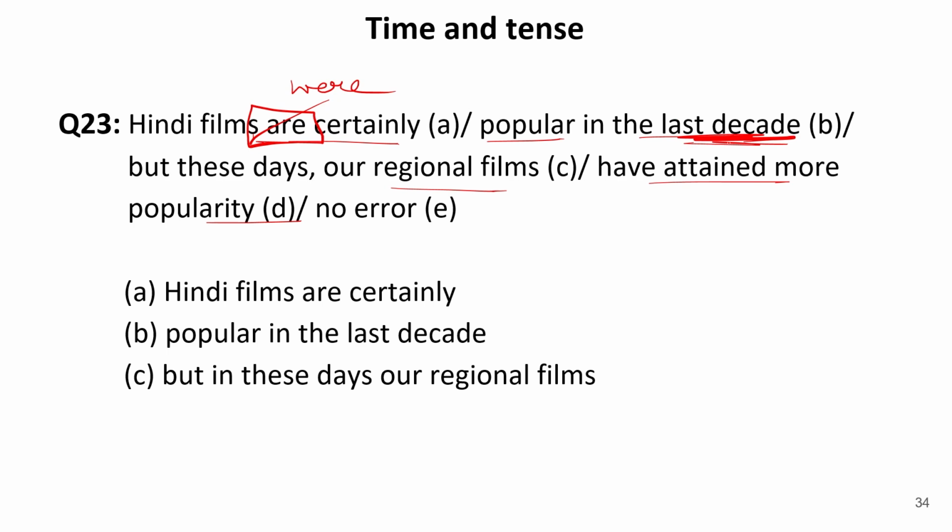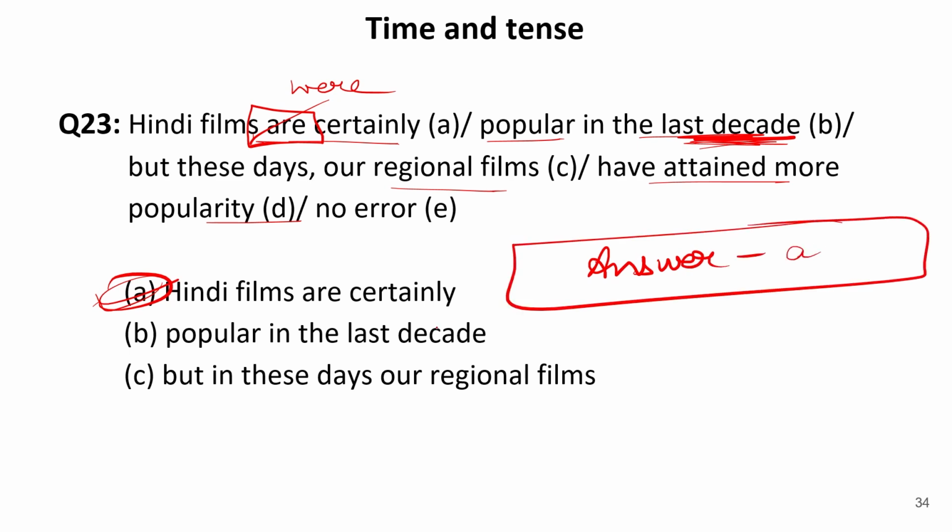But whenever the past time is given, we prefer past indefinite tense. Therefore, the error is in part A, so our answer is A. Are should be replaced with the past tense form, that is, were certainly popular in the last decade.